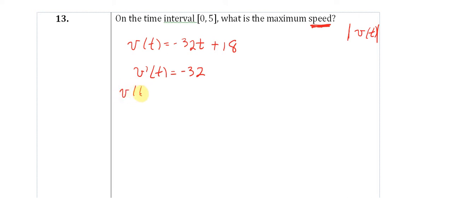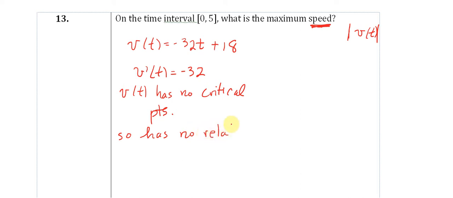So we can say here that v of t has no critical points. So that basically means it has no relative extrema.